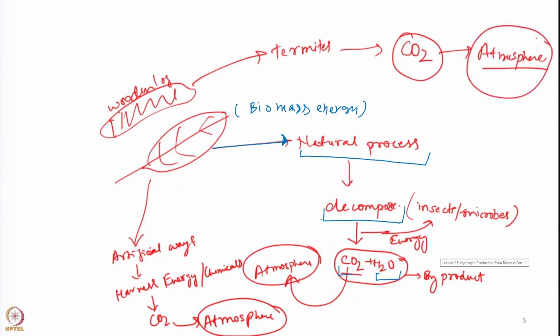So there is no energy actually, but we can use these things in artificial ways. We can take artificial advantages, like harnessing the energy. In which way can we produce it?